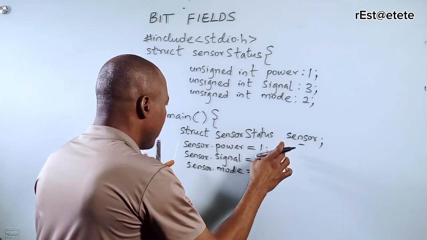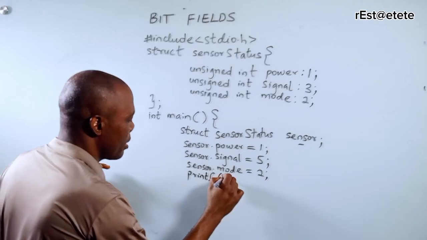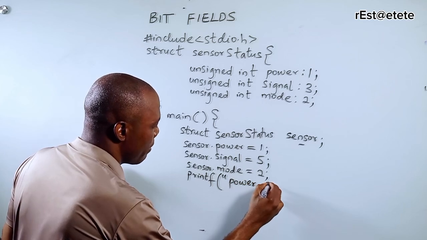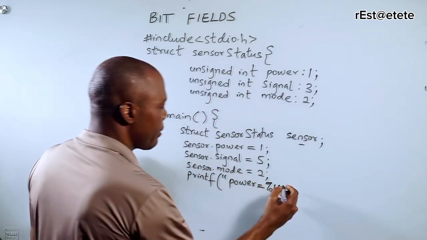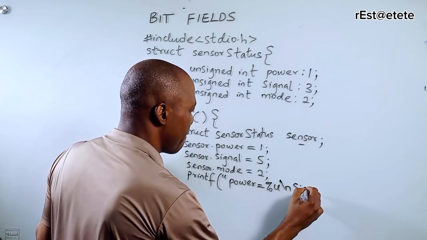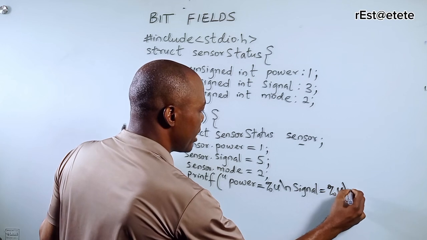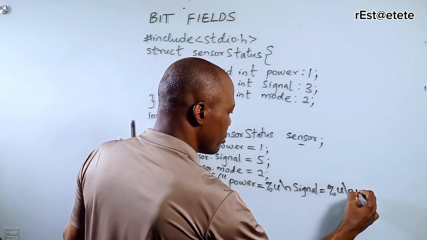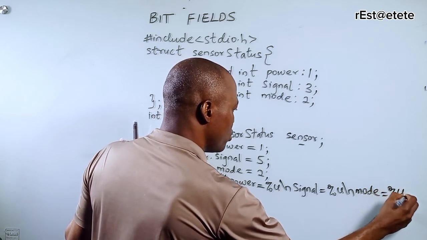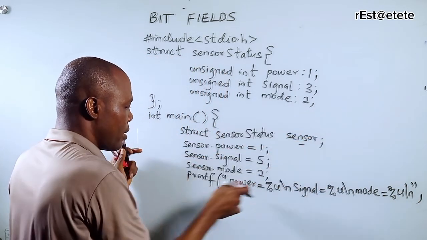Now inside this, I will say printf power equals to %u for unsigned, \n, signal equals to %u \n, then mode equals to %u \n, then comma. What should be there? I'm going to write it here.